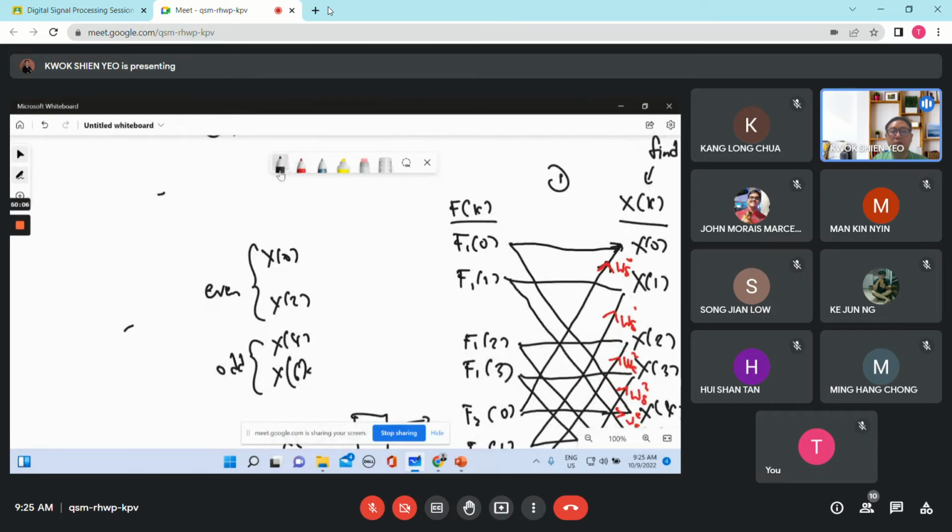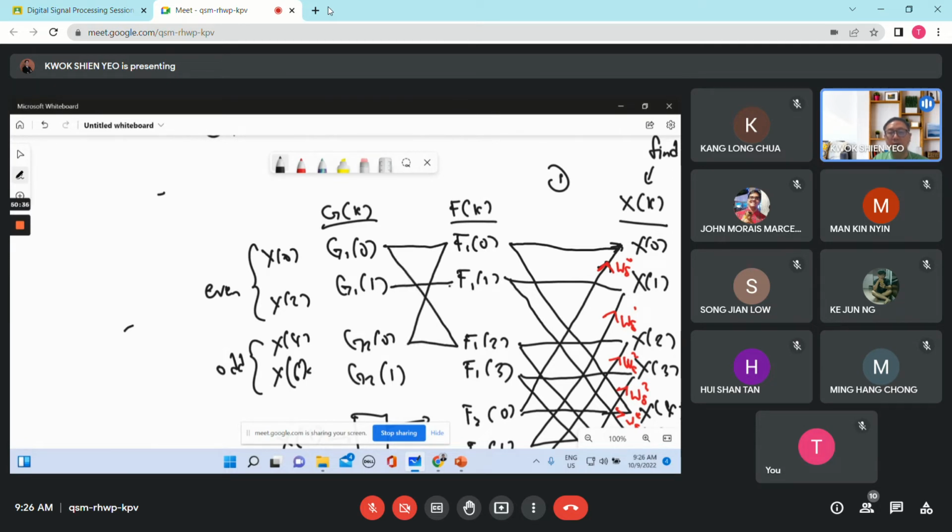Let's call it G. So I have G1,0, G1,1, then G2,0 and G2,1. And then here is my connection. Here's another connection.